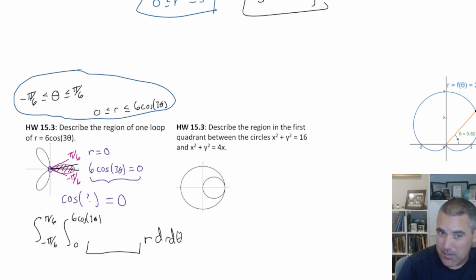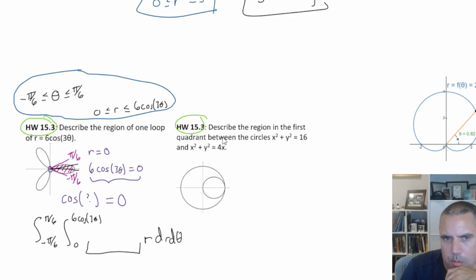That's how you would integrate over that region. So you have a couple of these in the homework that make you think about a polar region. And so that's kind of a little bit of a 10.3 question and also a 15.3 question. So if you are struggling with describing the regions, that's one thing, and I just want to separate that from the other things we're doing.